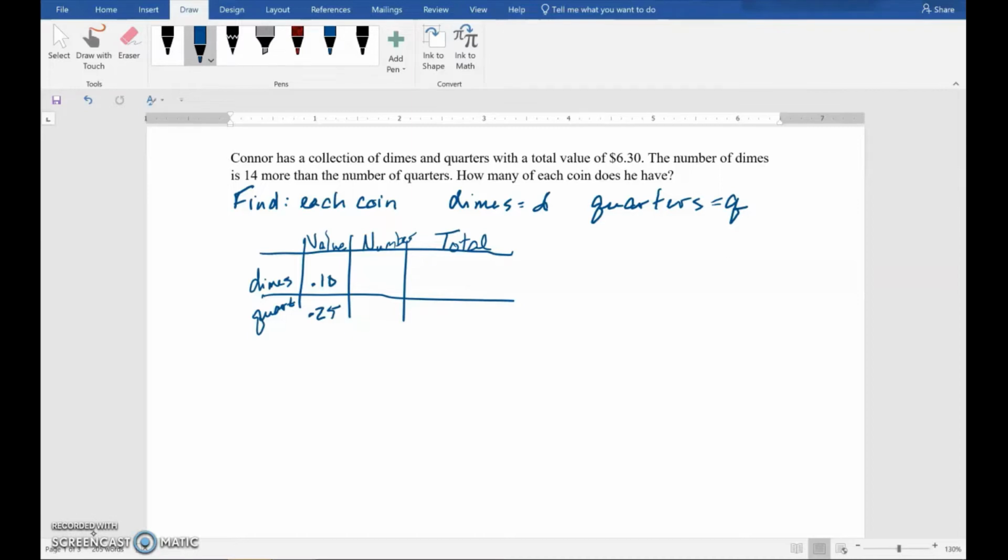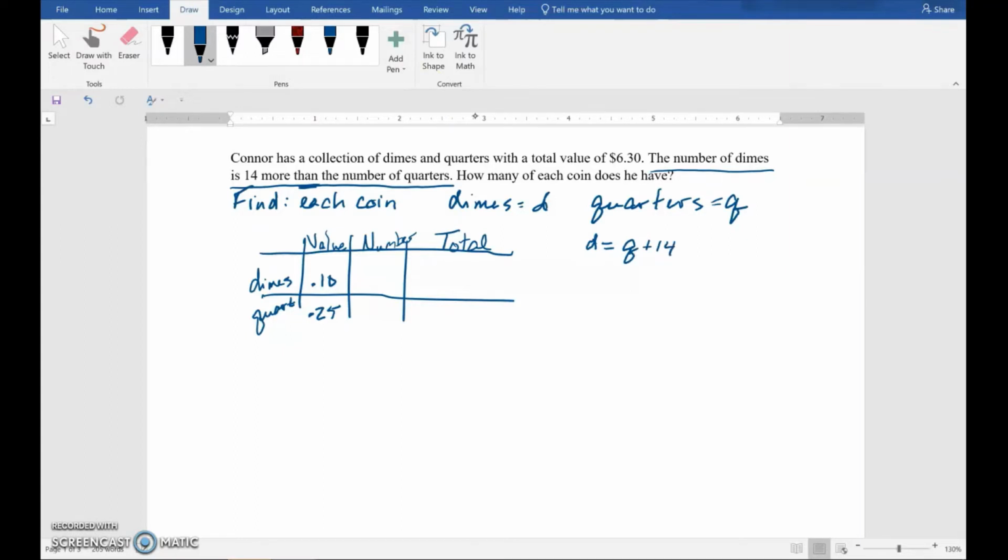Now we need to do the number column. The number column gets a little more complicated here because we're not told how many of each we have. But we do have this sentence: the number of dimes is 14 more than the number of quarters. If we use our math keywords to translate that, D equals 14 more than, so remember this word "than" puts the 14 behind the quarters: Q plus 14.